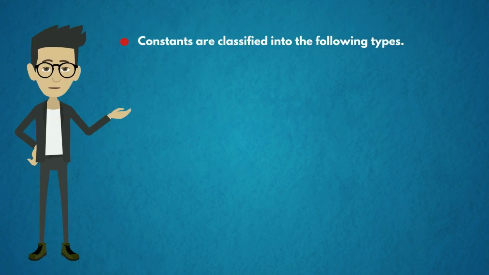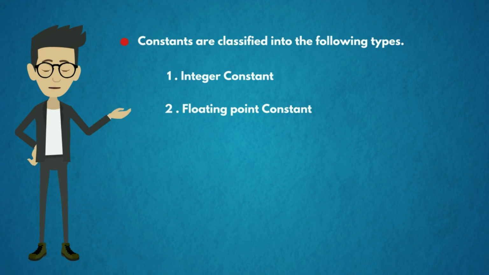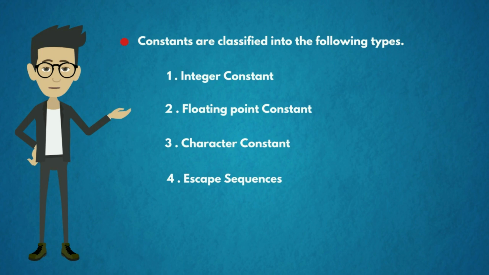Constants are classified into the following types. First type is integer constant, for example, 0, minus 22, etc. Second type is floating point constant, for example, minus 2.0, minus 33.0010, etc. Third type is character constant, for example, single quote A, single quote D, etc. Fourth type is escape sequences, for example, \b is used for backspace.